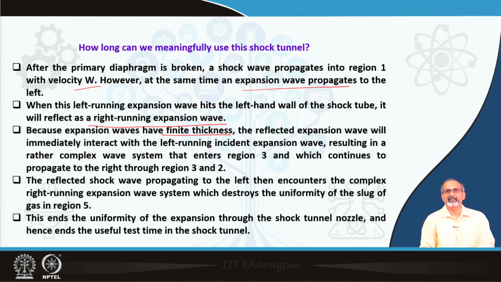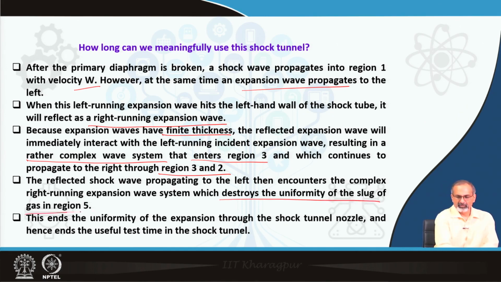the reflected expansion wave will immediately interact with the left running incident expansion wave, resulting in a rather complex wave system that would enter into region 3 and continue to propagate to the right through the regions 3 and 2, while at the same time the reflected shock wave propagating to the left then encounters this complex right running expansion wave system, and thereby the uniformity of properties in the two distinct regions gets lost.